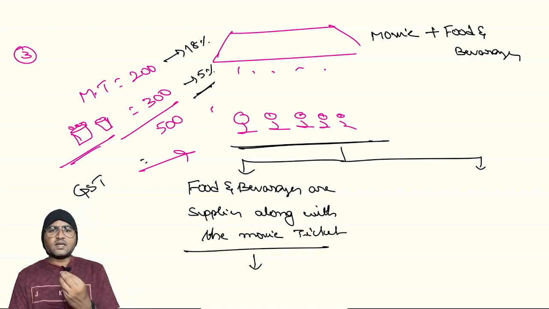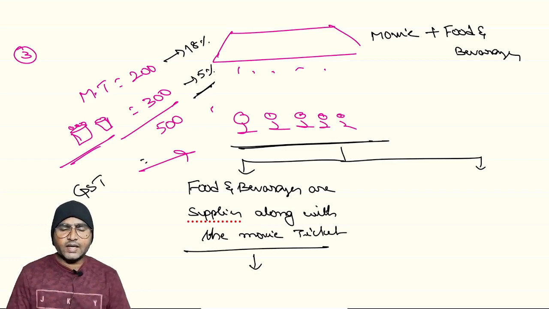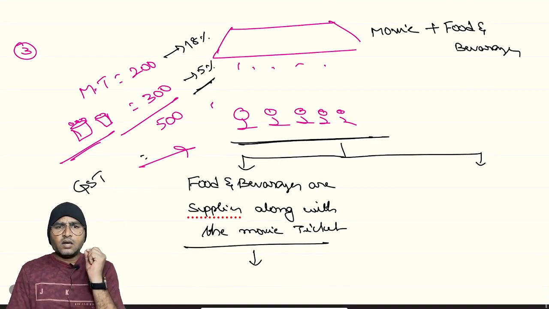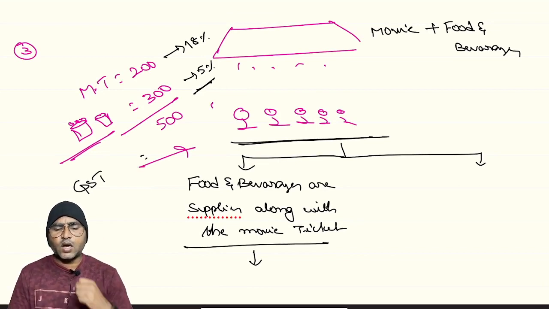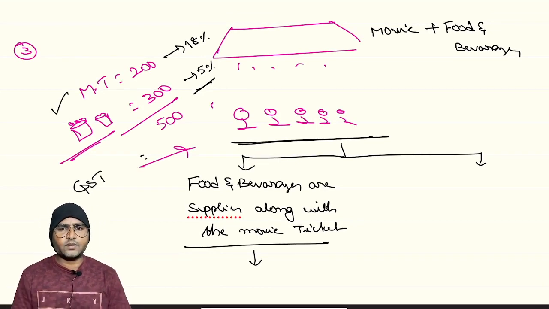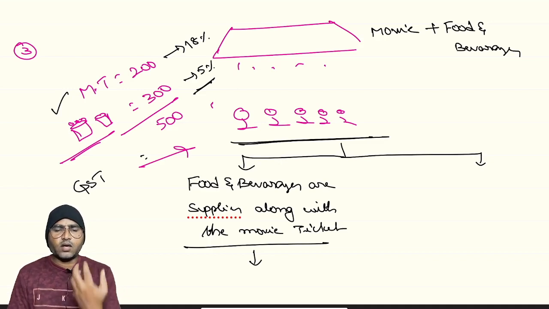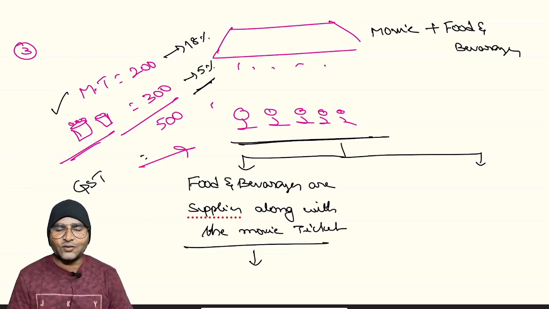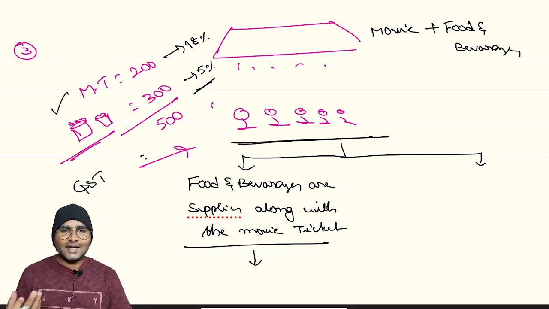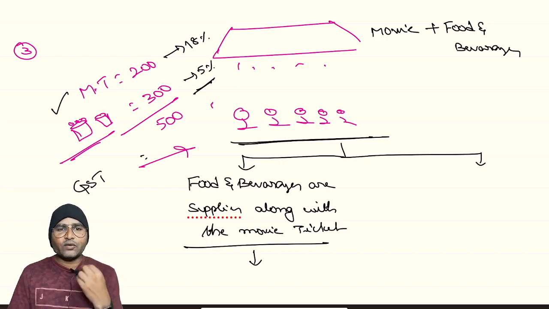When food and beverages are supplied along with the movie ticket, in such a situation, it will be treated as a composite supply, like a movie ticket. Reason, when you are going to a movie theater, the main intention is to watch the movie, not to get food or snacks. If you want food or snacks, you would visit a restaurant, right?